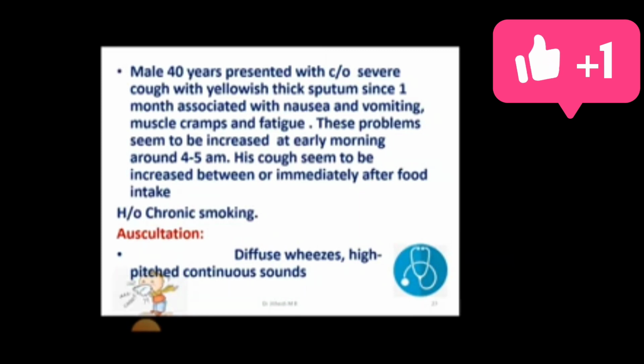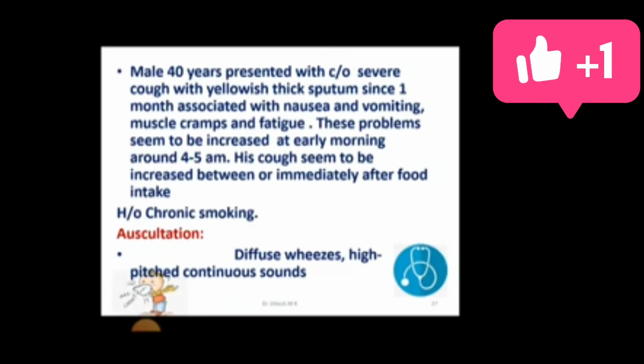That's why he explained that it increases in the early morning, at the time of kapha kala. The previous one was Paithika kala, and this one is Kaphaja kala. You can just ask the patient; he will definitely answer that. At the time of awakening, 4 to 5 a.m. or 6 a.m., I'm getting it.